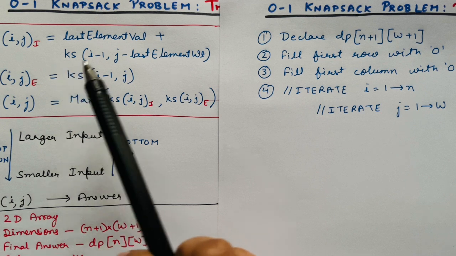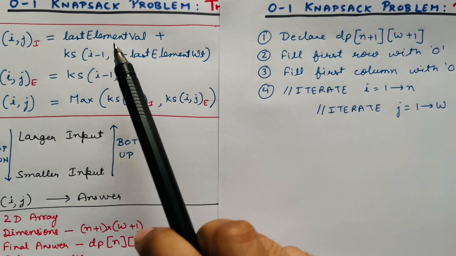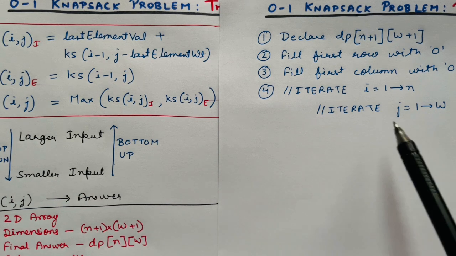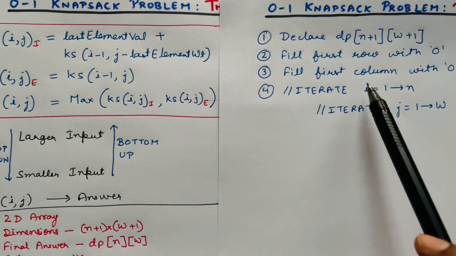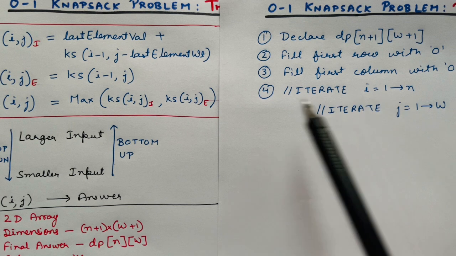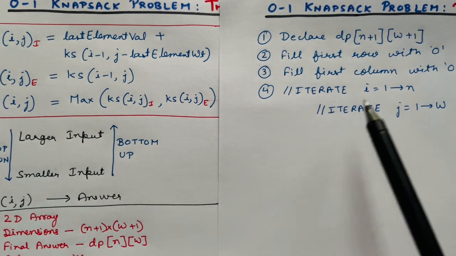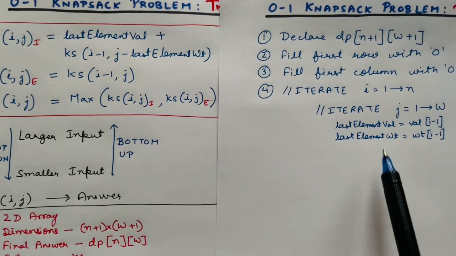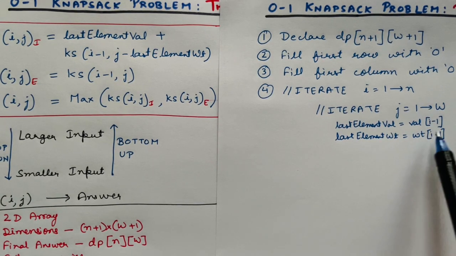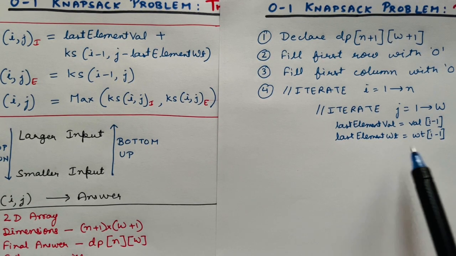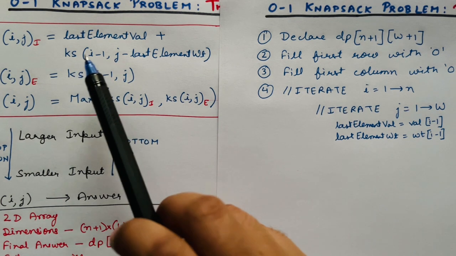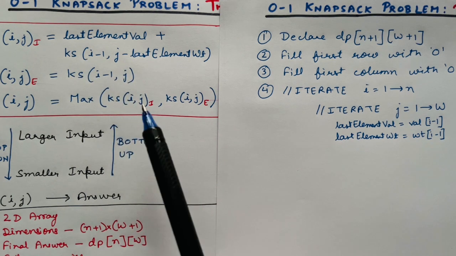For include answer, we need the values of last element val and last element weight. Now, if we are considering first i items, at what index will the last element lie? It will lie at index i minus 1. So we have the last element's value as val[i minus 1] and the last element's weight as weight[i minus 1].